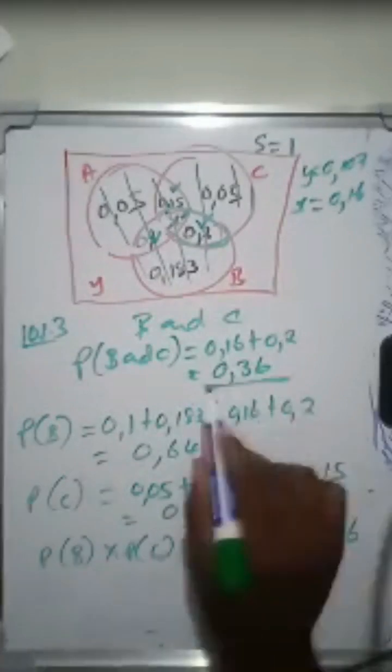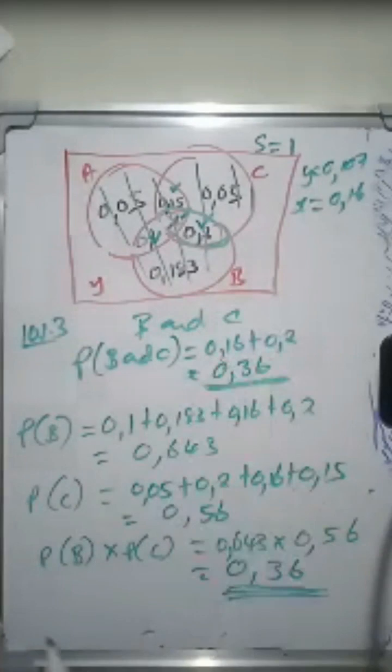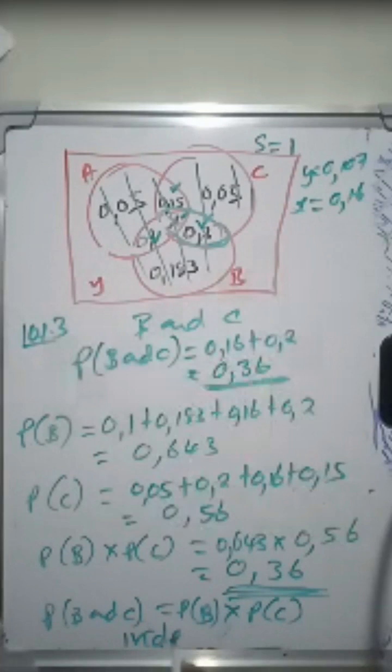So you check this one and that one. What do you see? They are the same. Therefore, probability of B and C is equal to probability of B times probability of C. Therefore, they are independent.